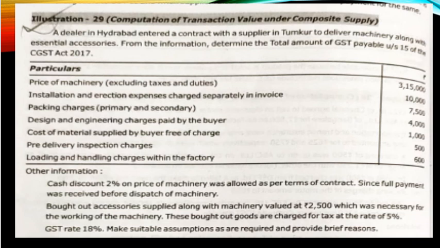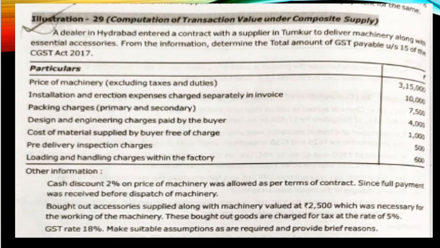Now they've given us particulars and amount. So price of machinery excluding taxes and duties. So this price does not include GST, so we can take this amount directly. If it is including GST, then we need to do cross multiplication. So now as this is excluding, we will be taking this as the price of the machinery directly.